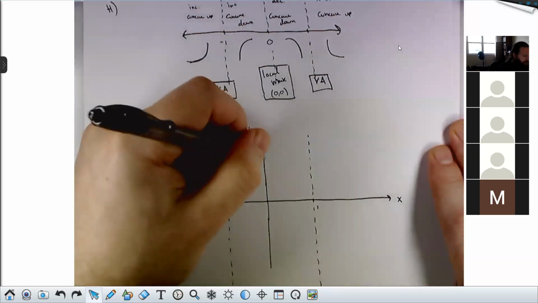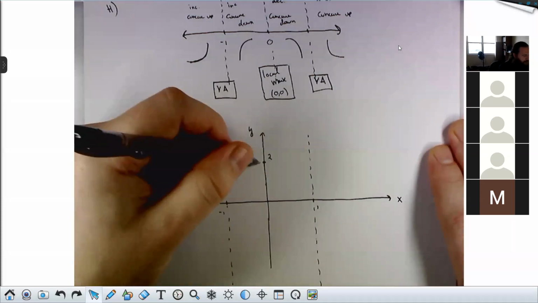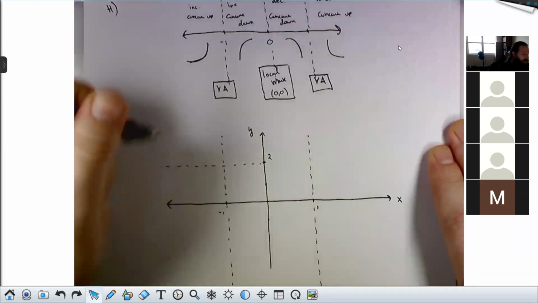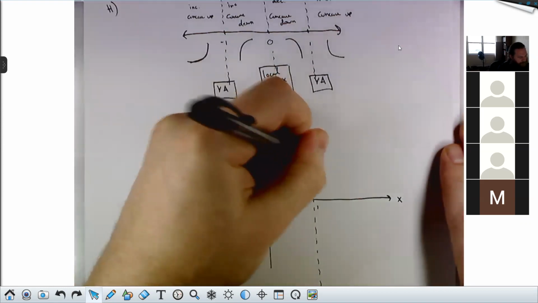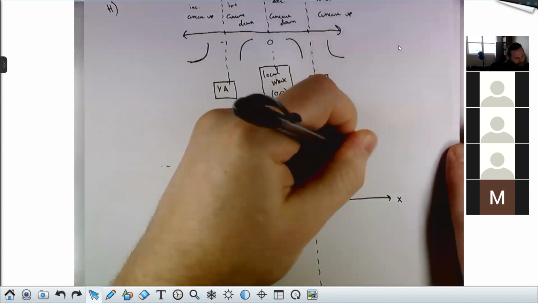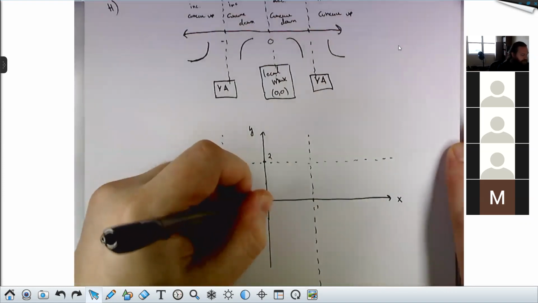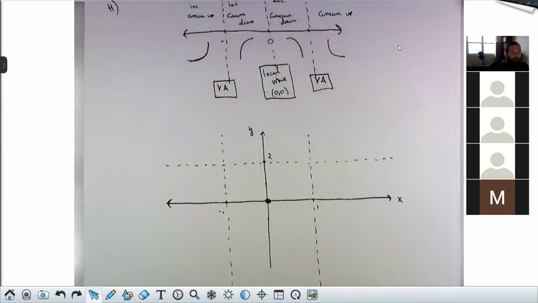And I know I have a horizontal asymptote, that's the line y equals 2. I want to mark that and draw it in here. Doesn't have to be perfect, but as good as you can. I know the point 0, 0 is on my graph, so I'm going to go ahead and add in any points that I know for sure.